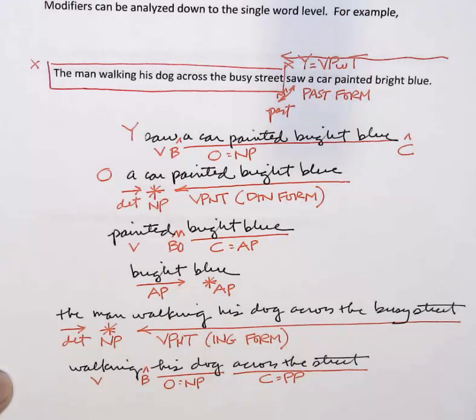Now, what do I mean when I said that all these verb phrases come from sentences? Well, actually, the man walking his dog across the busy street really means that the man was walking his dog across the busy street. This walking his dog across the busy street is a verb phrase from a sentence that talked about this man.